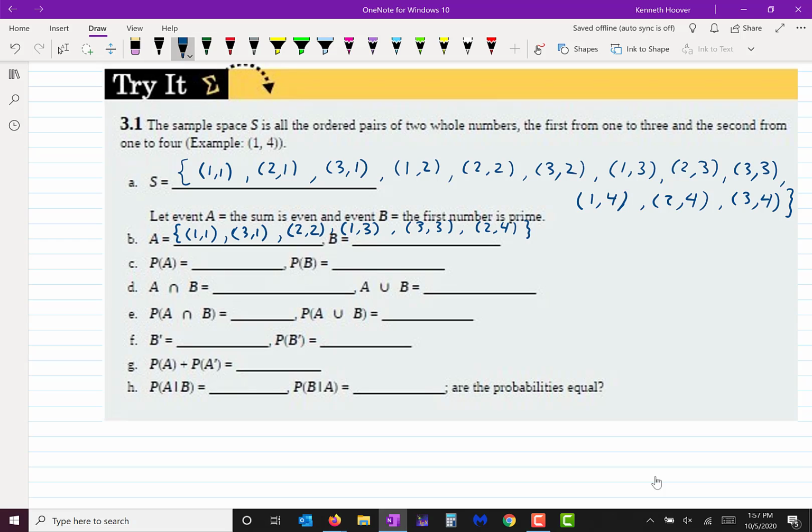B is the first number is prime. I'll do that in another color so we can keep them separate. Okay. So which ordered pairs have the first number prime?